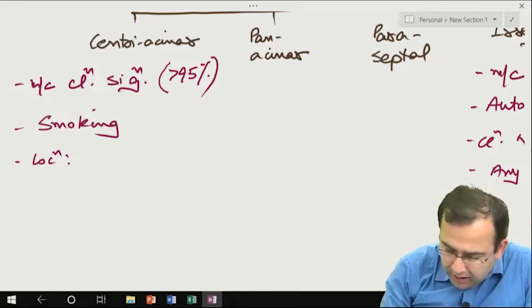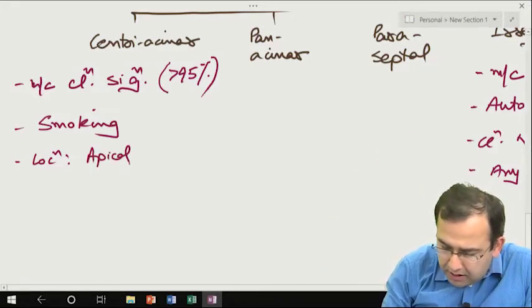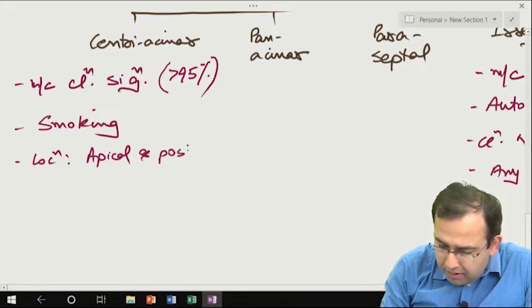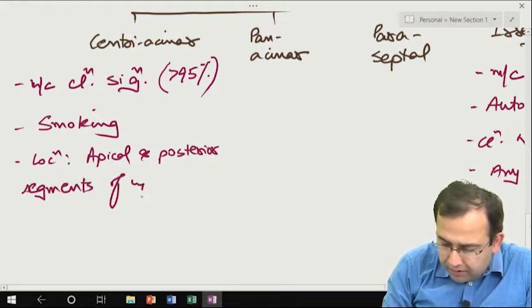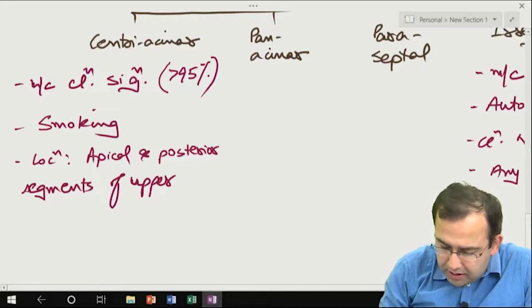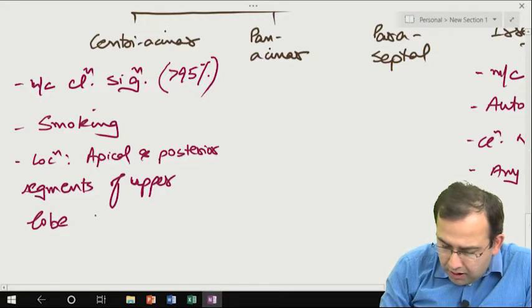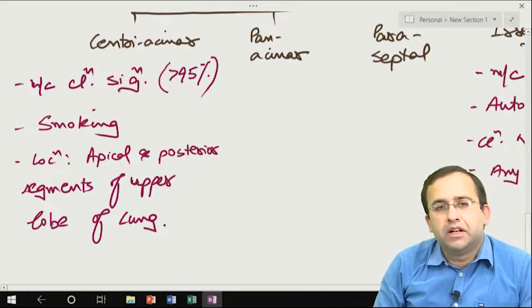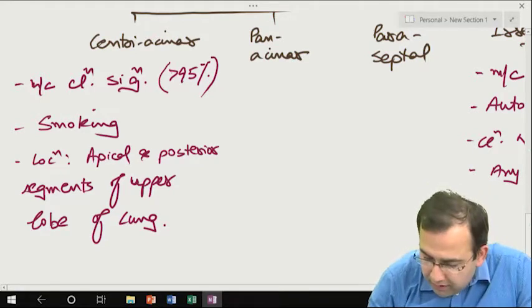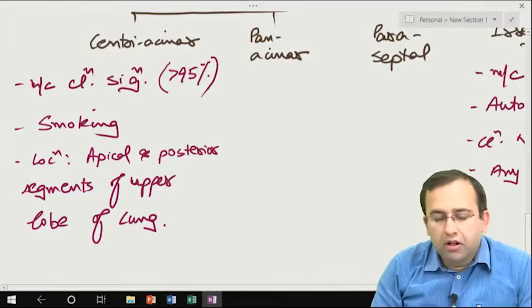That is apical and posterior segments of upper lobe of the lung. This is centriacinar emphysema.